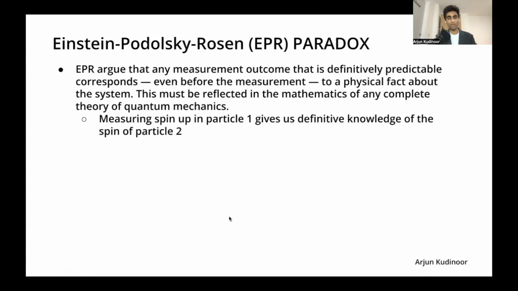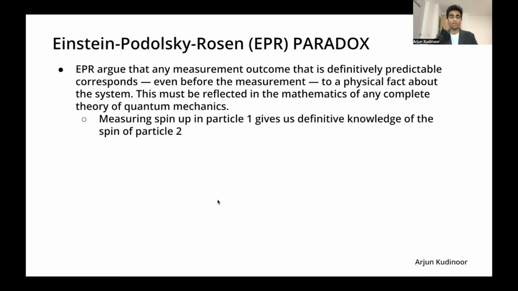Okay, so what's going on here? We call this the EPR paradox. It's named after Einstein, Podolsky, and Rosen. EPR argued that any measurement that is definitively predictable corresponds to a physical fact about the system, and that any complete theory of the underlying nature must include this fact in its mathematics.